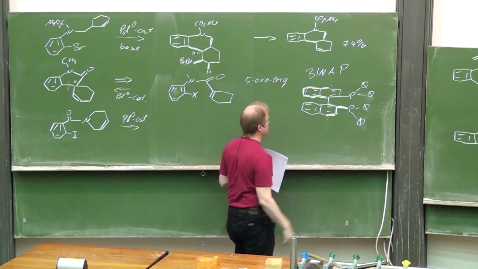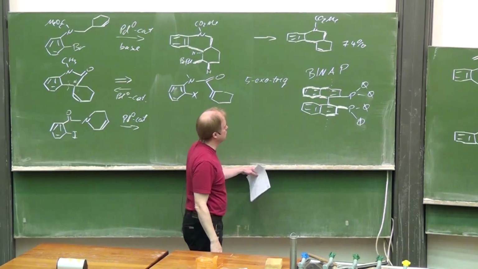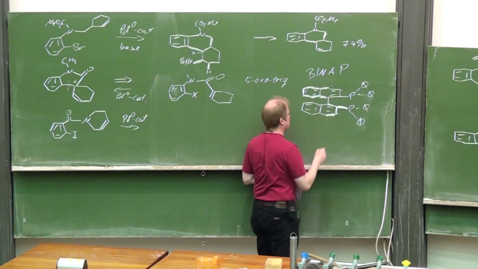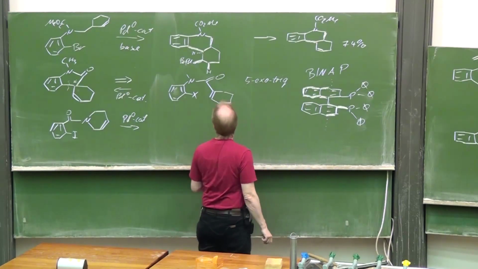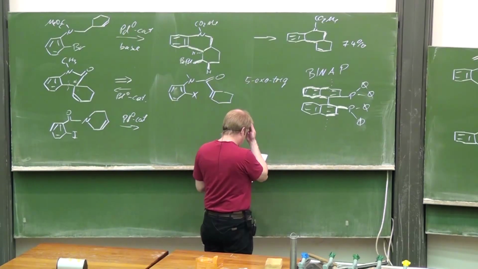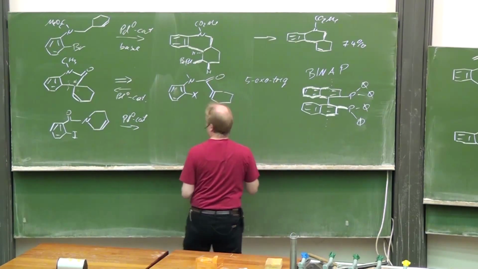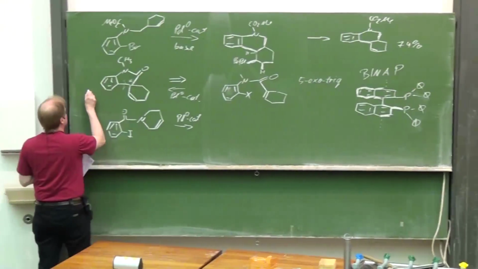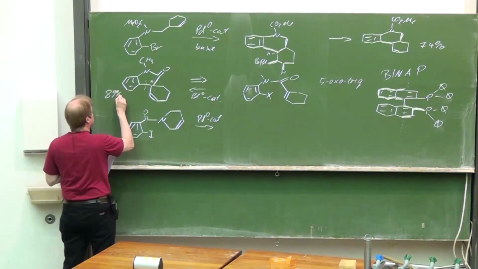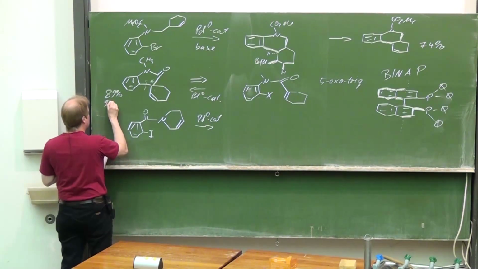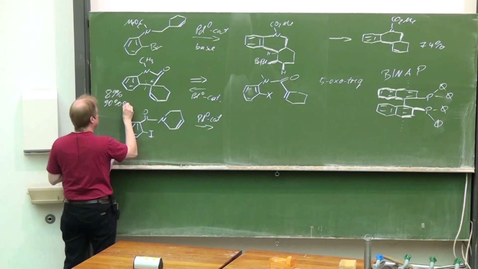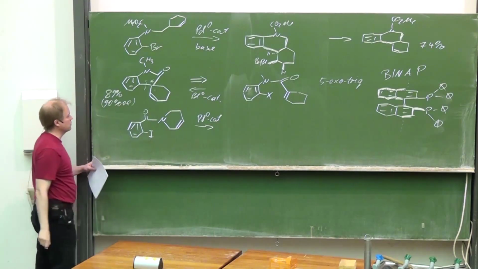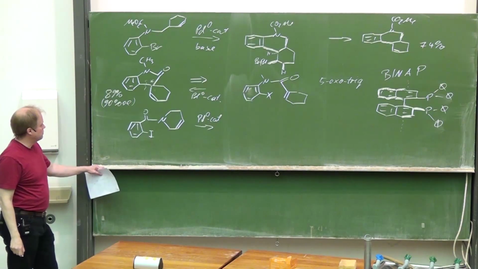So a binaphthyl moiety with 2 diphenylphosphino substituents and a chiral axis. Here, with this ligand, we can achieve an 89% yield and a 90% enantiomeric excess has been confirmed.